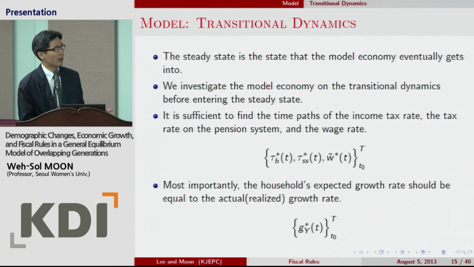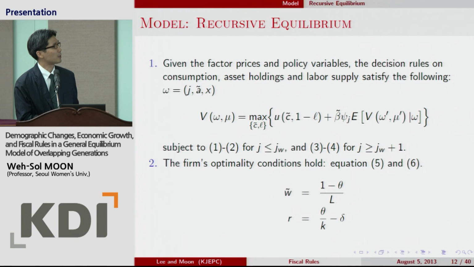So we need to find the time path for labor income tax and social security contribution rate, equilibrium wage rate on this transitional dynamics, as well as the growth rate for aggregate output, GDP. Because households have to know the path of the growth rate because they need to solve their optimization problem.